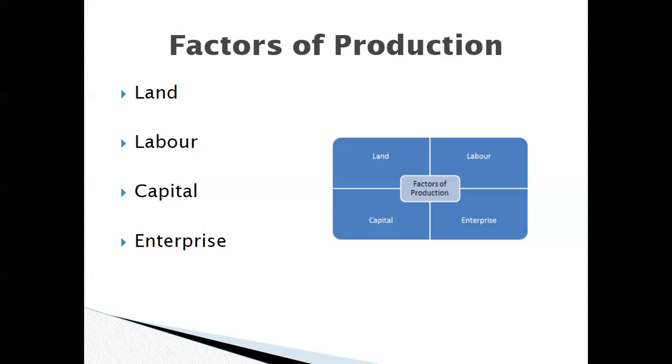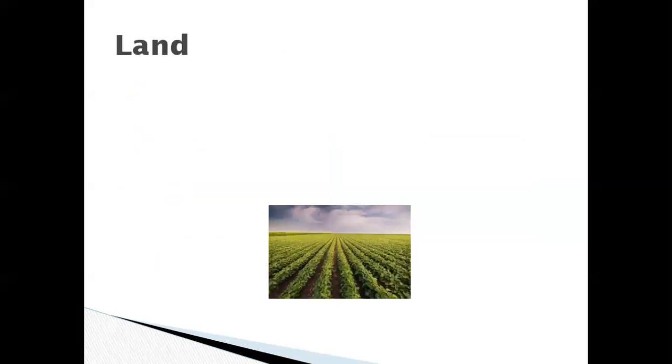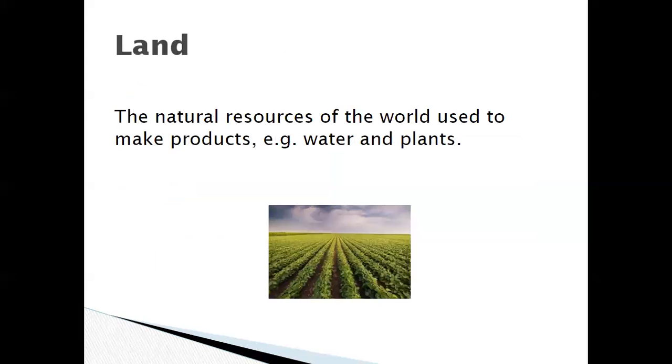Yeah, it is about the idea, and it's about the entrepreneur, the business owner, bringing together all the different factors of production in order to make the product. So the entrepreneur would gather the land resources, hire the labour, and get the capital resources needed to make the product. Does that make sense? Yeah, very much so. Okay, so just going to quickly run through them. Land, as you correctly said, is the natural resources of the world that are used to make products, things like water and plants, anything that's naturally occurring.